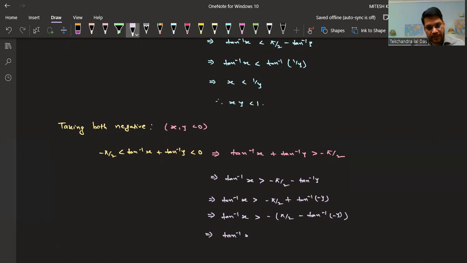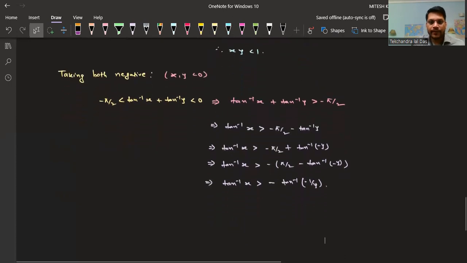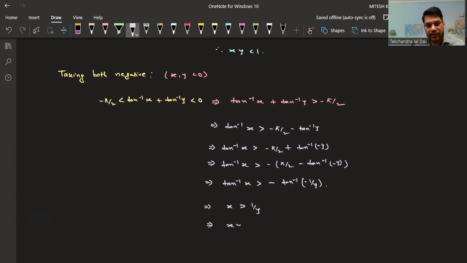So tan inverse x greater than minus of cot inverse of minus y, that is tan inverse of minus 1 by y, because minus y is positive. Now sending this minus across, we can write x greater than 1 by y. We know x and y are both negative, so multiplying by y on both sides, we get x into y less than 1. So again we got x into y less than 1. Also, if xy is less than 0, definitely x into y will be less than 1 only.